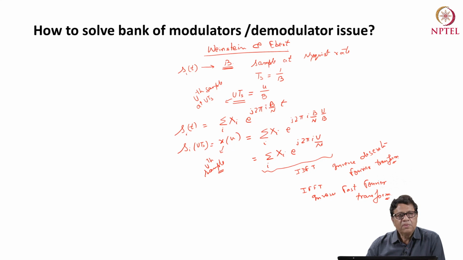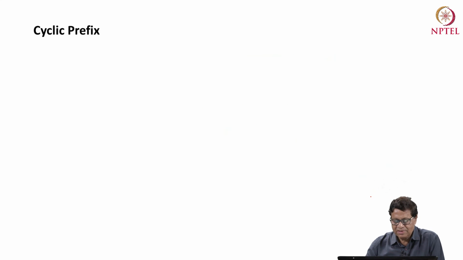So the problem of bank of modulators and demodulators is solved by simply taking IFFT or IDFT, and the coefficients will give you the data symbols.